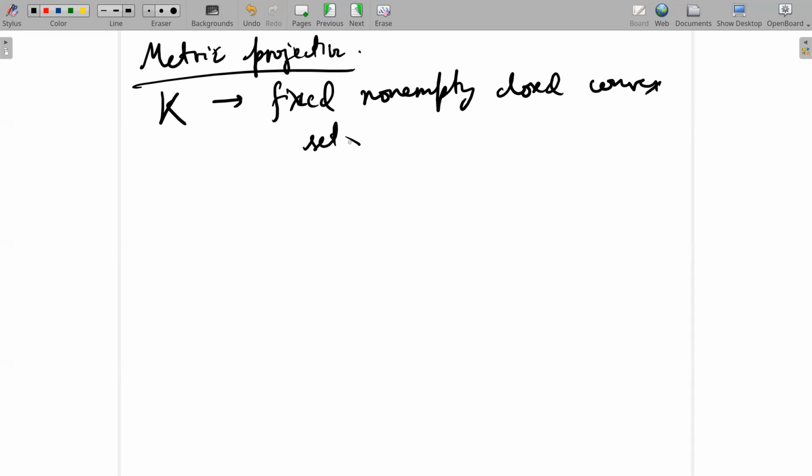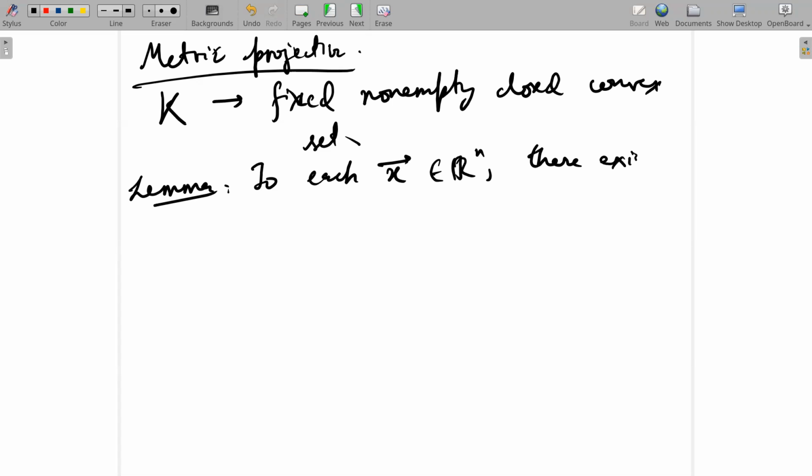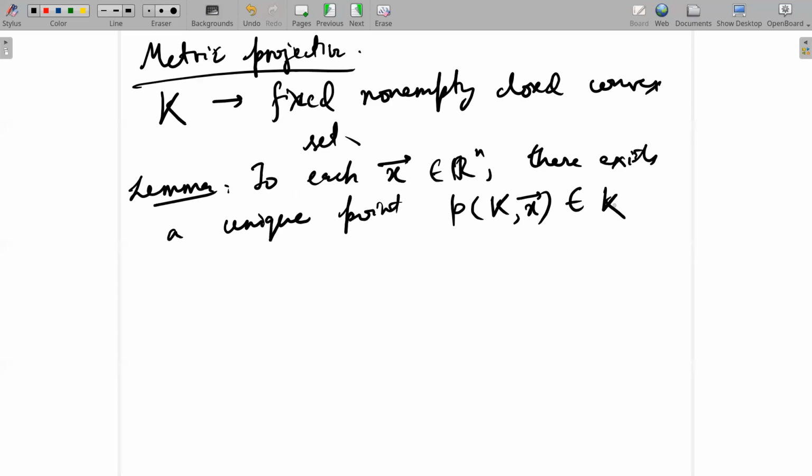Okay. So first we have a lemma. To each vector x in R^n, there exists a unique point P_K(x). So that's the name of that point. I'm going to describe what defines this point.